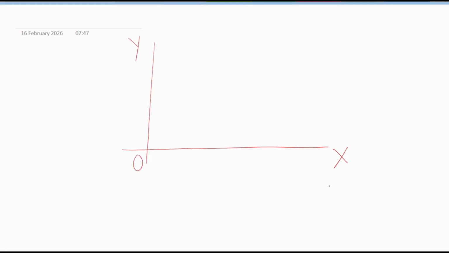In the x-axis we will take the income, in rupees, and in the y-axis we will take consumption in rupees.